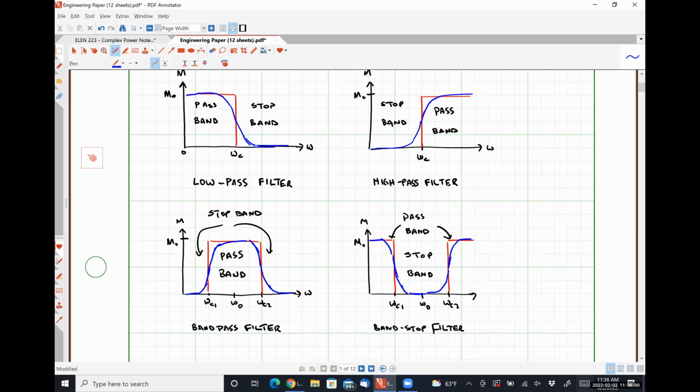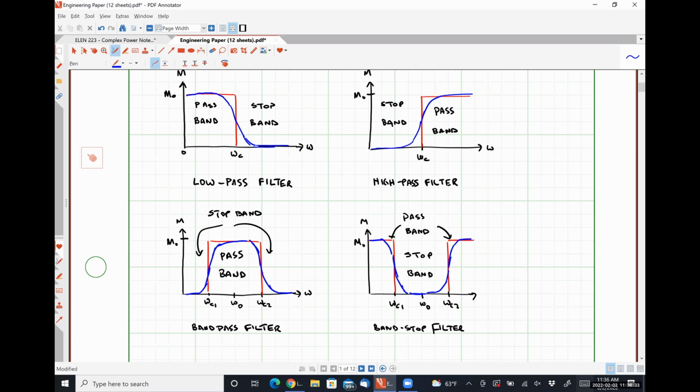And then something that looks like this. So the higher the order of the filter that we use makes this transition from stop band to pass band, or pass band to stop band, steeper. So we're getting more and more close to an ideal response at the cost of complexity.